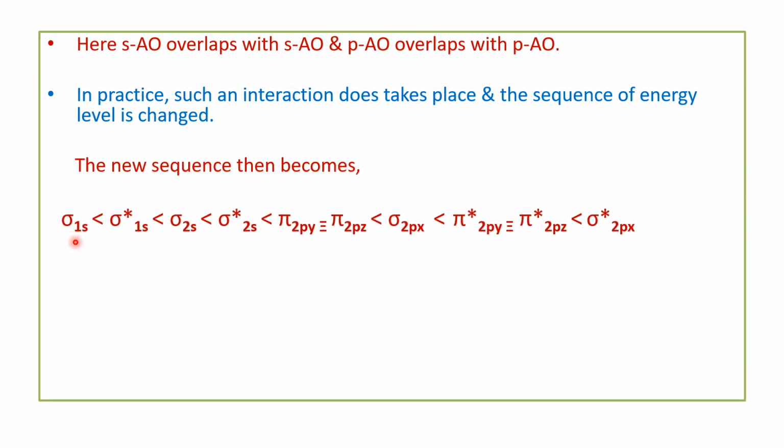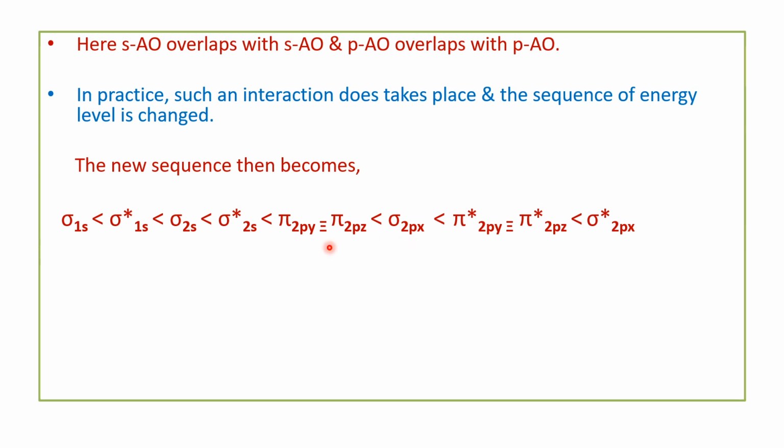First of all, we are having, as it is, sigma 1s less than sigma asterisk 1s. That means the bonding and the antibonding of the 1s. Then sigma 2s less than sigma asterisk 2s, again bonding and antibonding. Then the shift: here we were having the sigma 2px, and that sigma 2px is shifted from this place to this place.